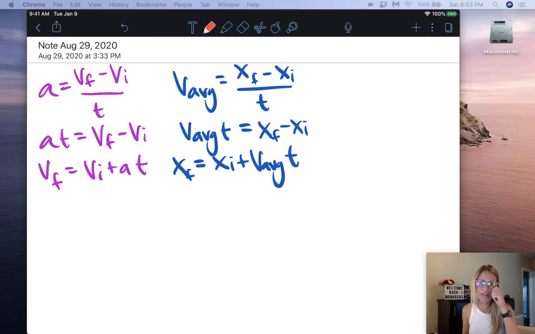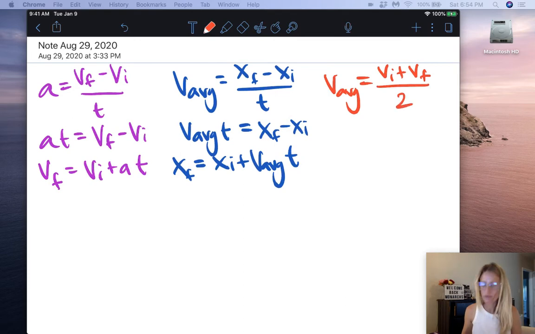So when we have, like I was talking about, an initial and a final velocity, if we have two things and we want to take the average, all we do is add them together and then divide by the number of items, right? So if I have an initial and a final velocity, those are two things. I then can say that the average velocity is equal to that initial velocity plus the final velocity divided by 2. So now, just like I did before, I'm going to solve this equation for final velocity.